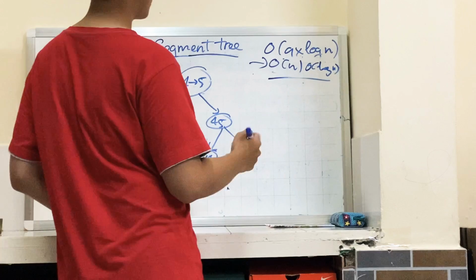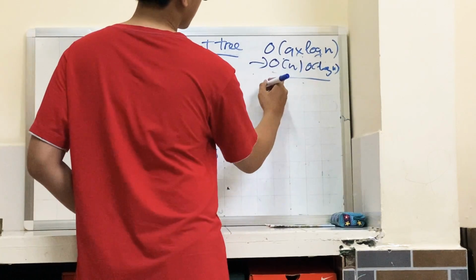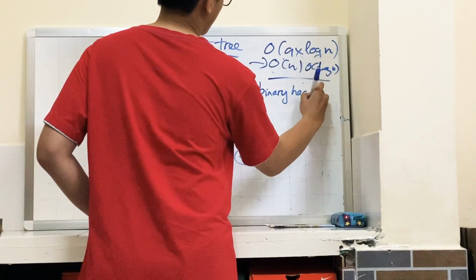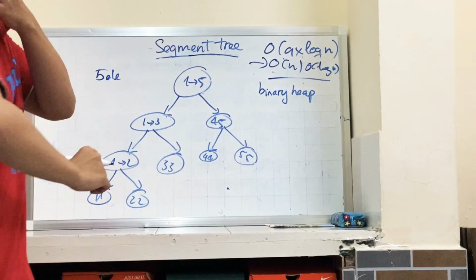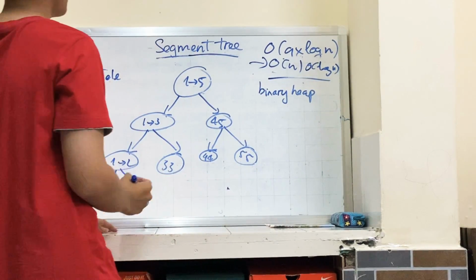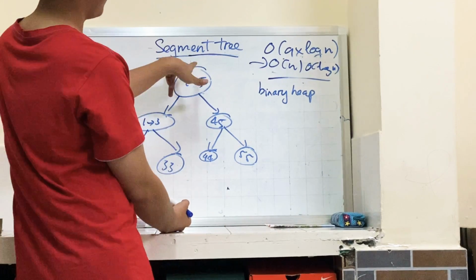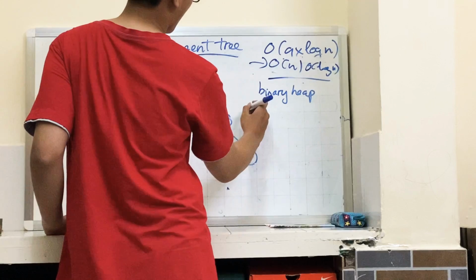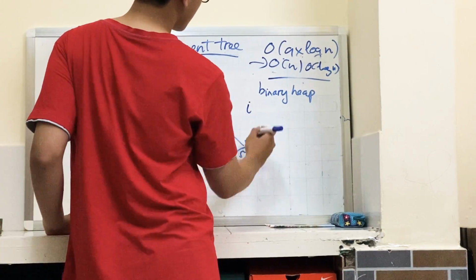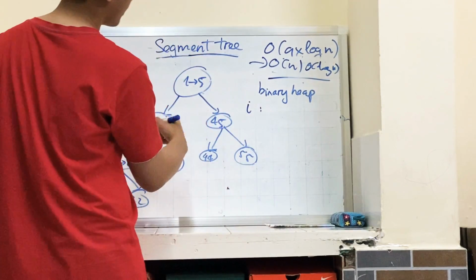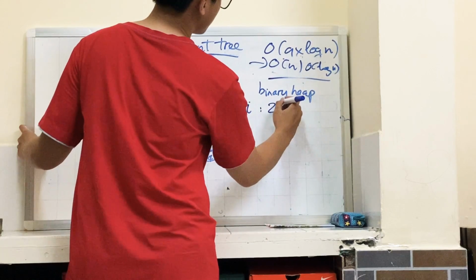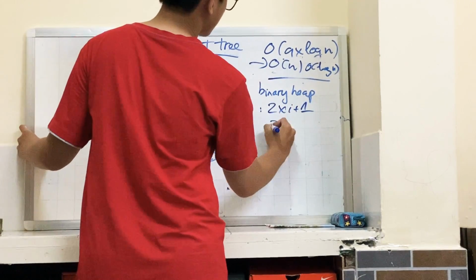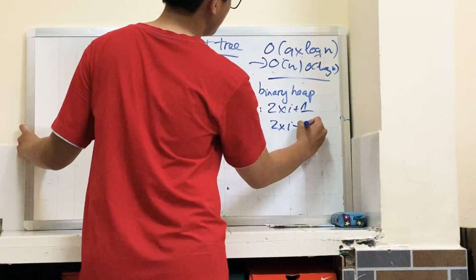The common way is to use a binary heap, which you can search on Google. It is basically an array where, for index i, the left child is 2 times i plus 1 and the right child is 2 times i plus 2.